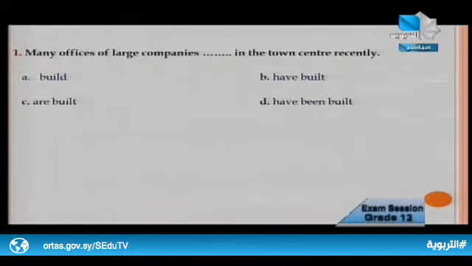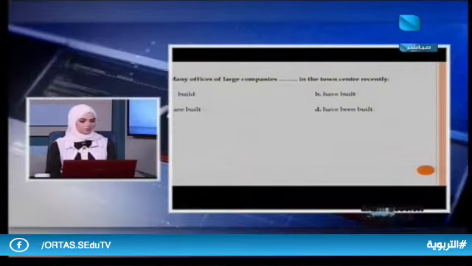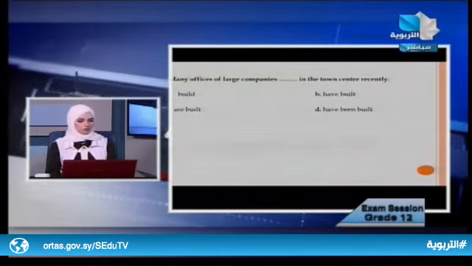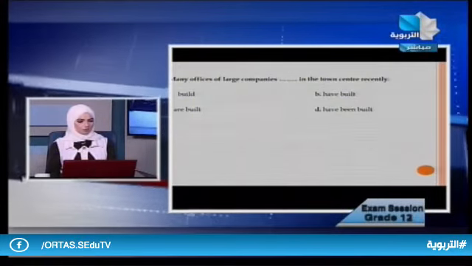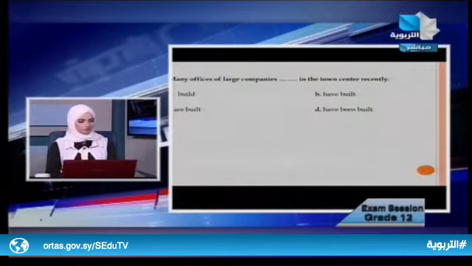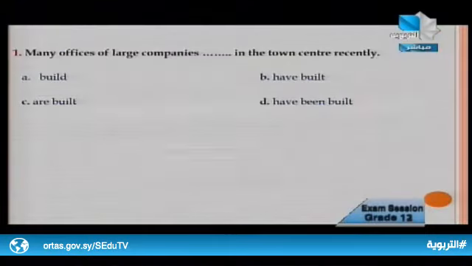Here, many offices is the object of the sentence, so the correct answer is D, have been built. Good, because we have recently, so we need to choose the present perfect. So the student here should know that he has to delete 2 forms directly, because when he sees the word recently, recently is used with the present perfect.